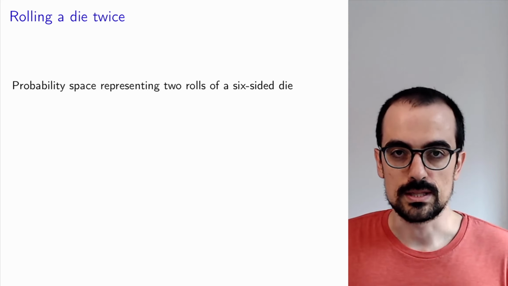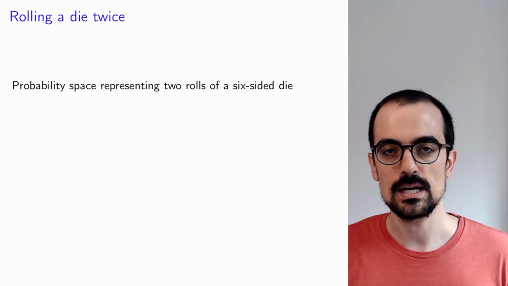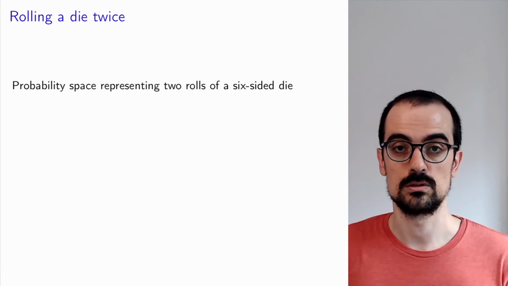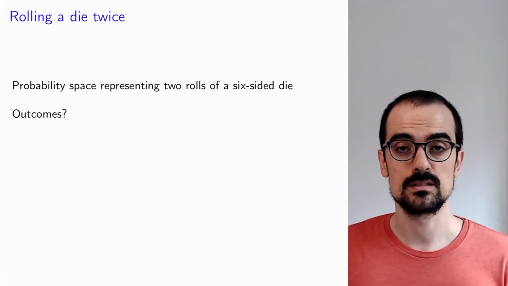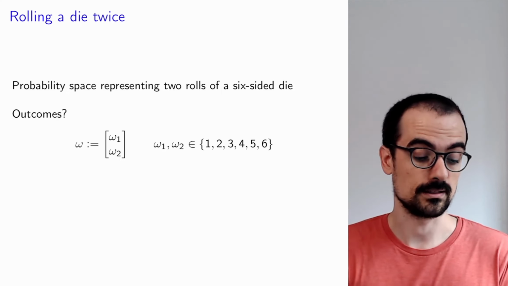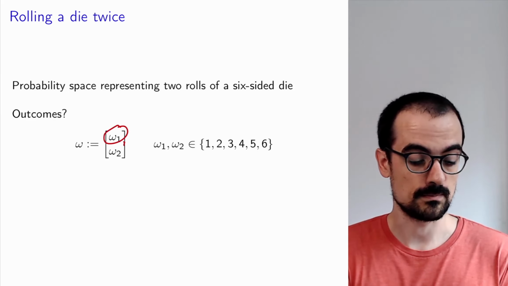The best way to start is with an example. We're going to look at a situation where you roll a die twice, and we have a probability space representing these two rolls of that die. We can represent the outcomes in this probability space by the two rolls, which we can put into a vector: the outcome of the first roll and the outcome of the second roll.